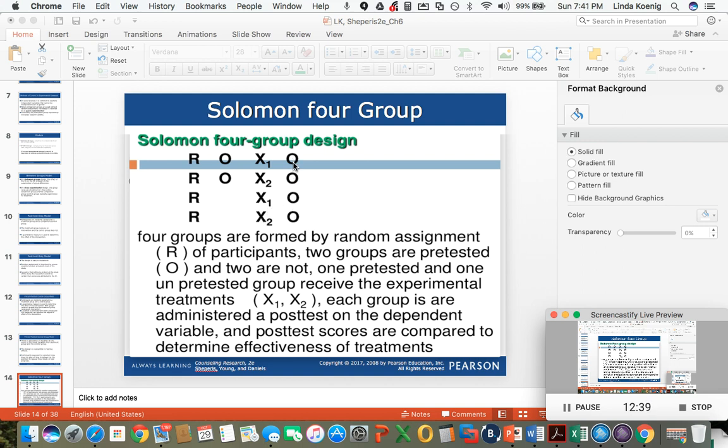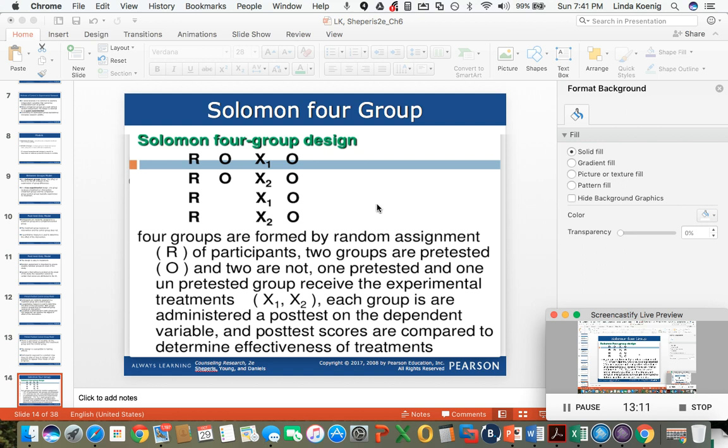And this way, we can account for the intervention, if when we compare all of these four groups, we can eliminate the impact of the pretest. And we know that because we randomly assigned, there was equality at the beginning. We did two pretests, but we also eliminated the effects of the pretest, or we can account for that.